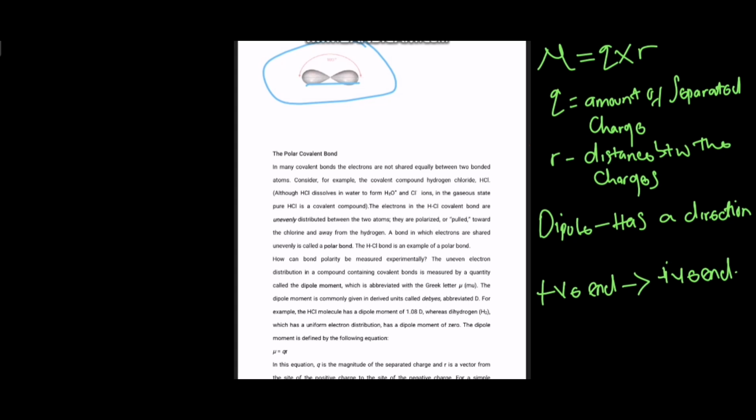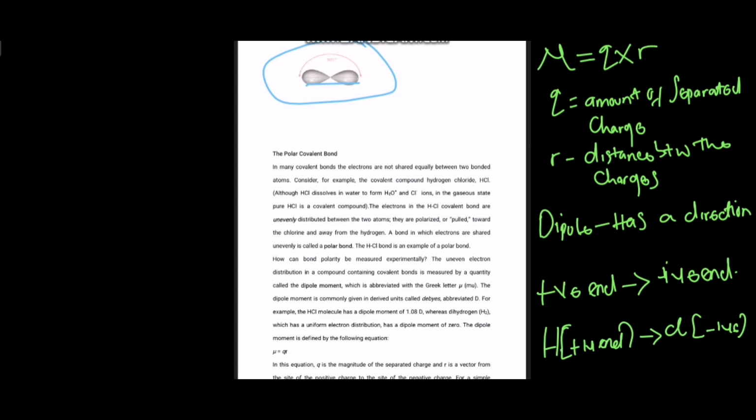So in hydrogen chloride, it will move from the hydrogen, which is the positive end, to chlorine, which is the negative end. I said that the dipole moment is given by the formula Q multiplied by R, where Q is the amount of separated charge and R is the distance between the charges.